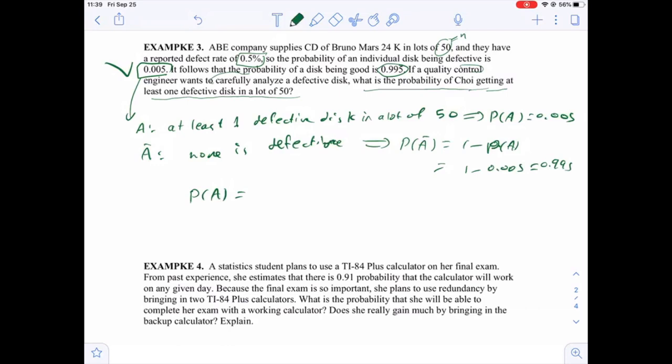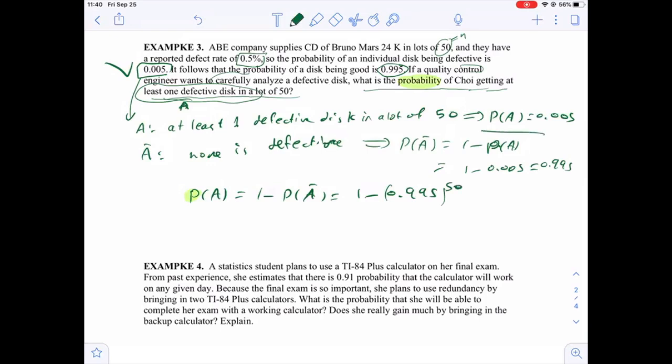So we are asked to find the probability, that's the question, and here's the probability of getting at least one defective, that's the event A. So we want to find the probability of A, which is 1 minus the probability of A complement, and that's 1 minus 0.995. Now, but this is applied for how many disks? We have 50, so we need to raise this to the power 50.